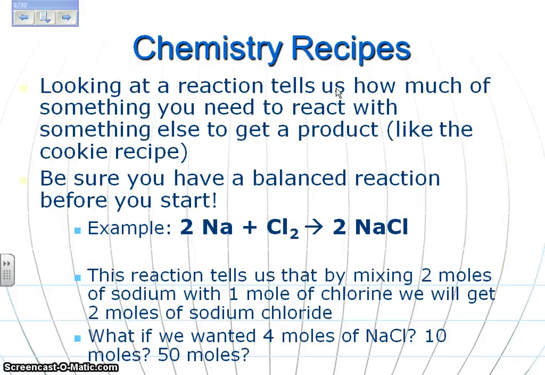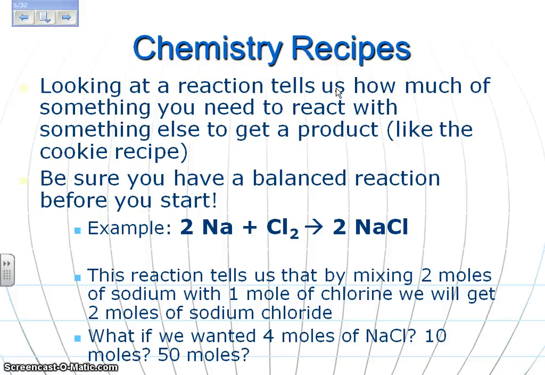So by looking at a reaction, we know something about the product and how much product we're going to be expected to get, just like a cookie recipe. So the first thing you're always going to need to do is you're going to always need to have a balanced chemical reaction in order to start.